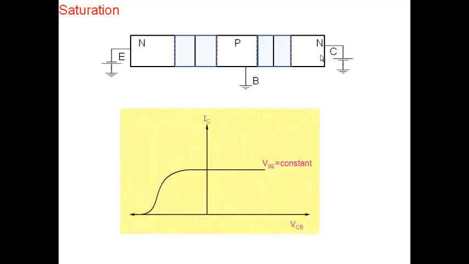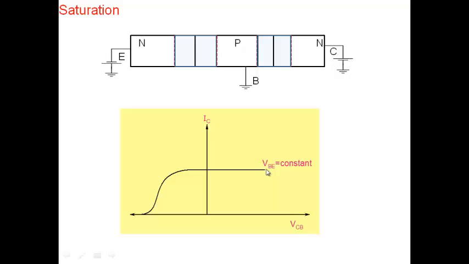Now what we are going to do is the following. We'll assume that the base emitter voltage is a constant. We'll not touch the base emitter junction, and we'll gradually start decreasing the collector voltage. We start from here.